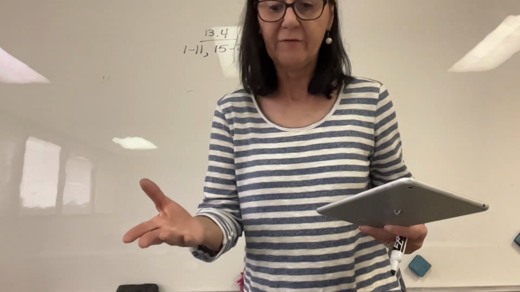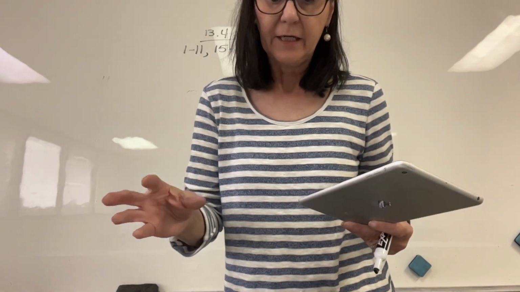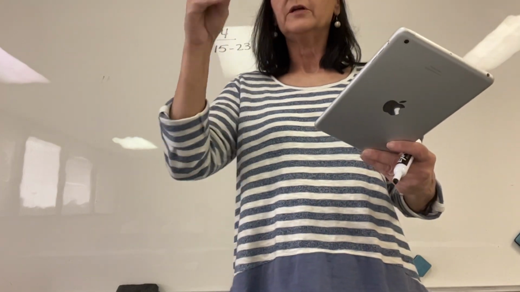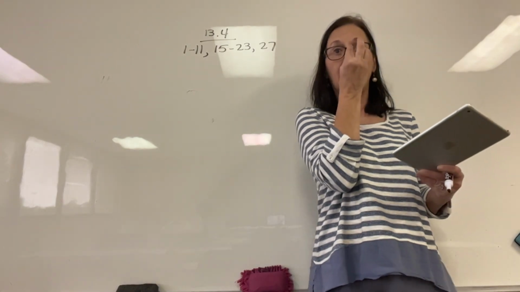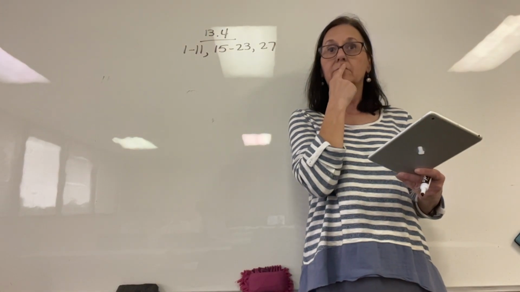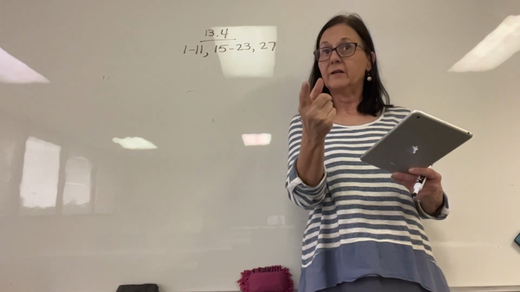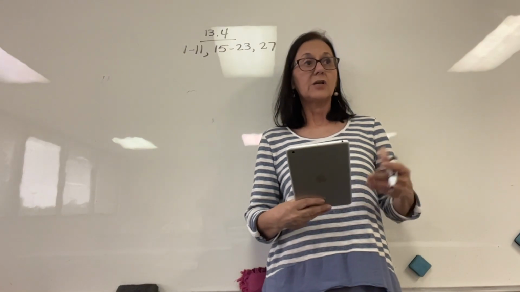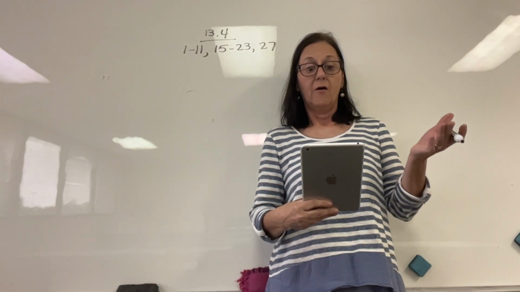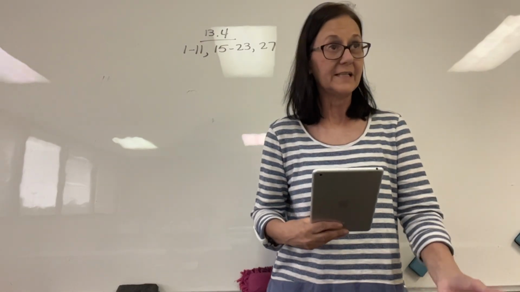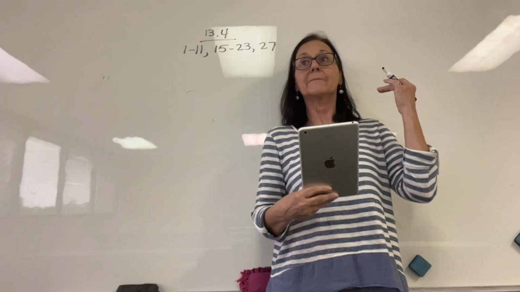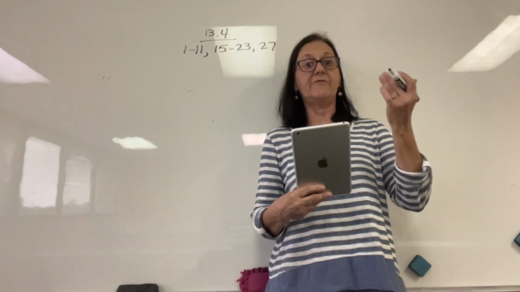Because of the description of the event. Look at what it says. She draws a slip of paper. The student is called. She puts it back. It's not like she's drawn 3 slips of paper at one time. So they're independent. It's the description. So it's 14 25ths times 14 25ths times 14 25ths.